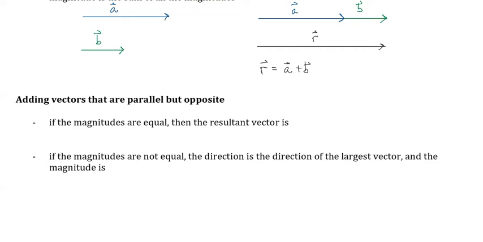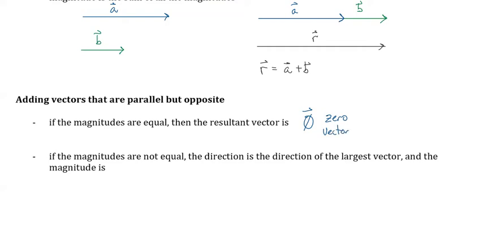I've mentioned this already. When you perform an operation, all the different operations that we're going to look at, some of them result in a vector, some of them result in a scalar. And which one they result in is super important. Adding vectors always results in a vector.